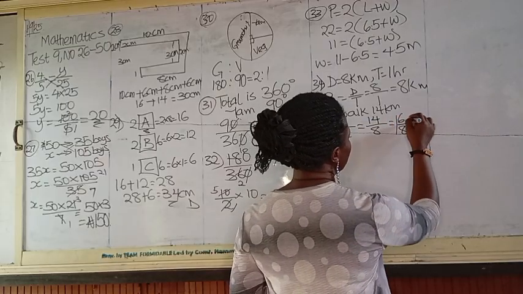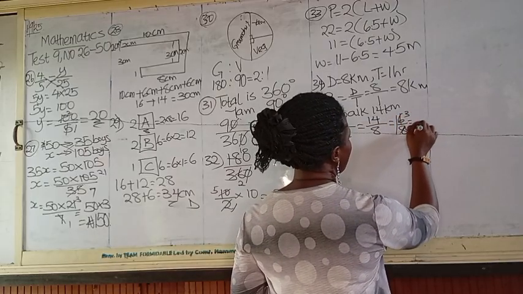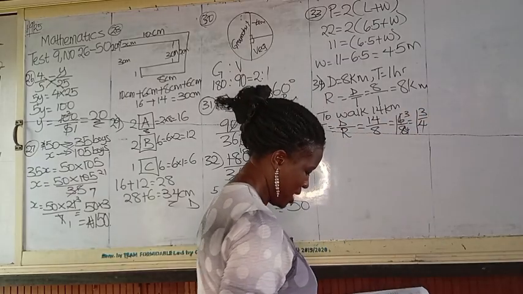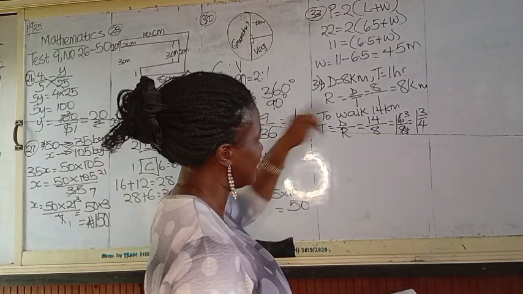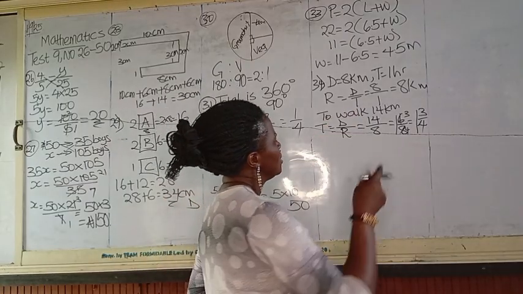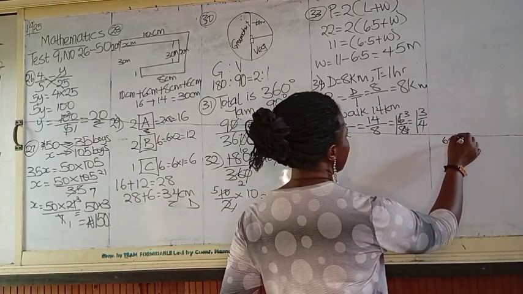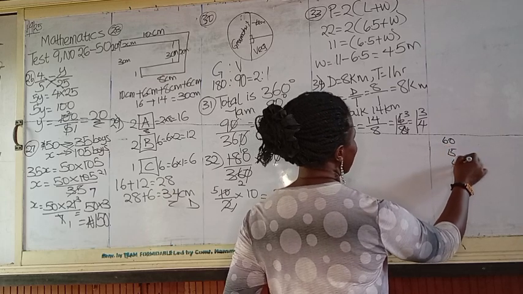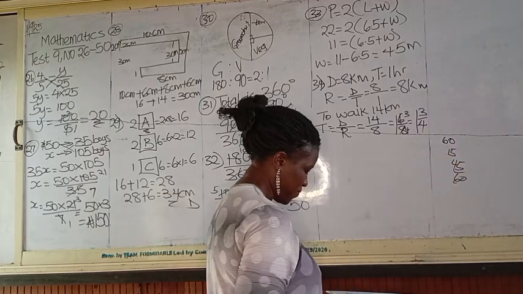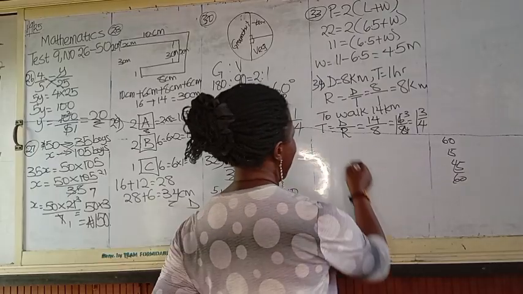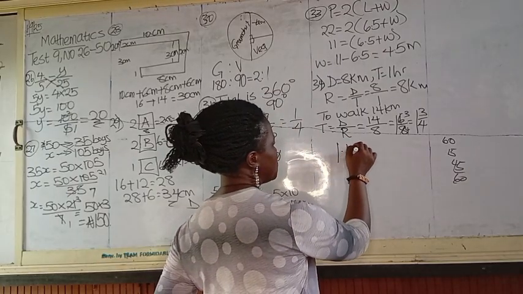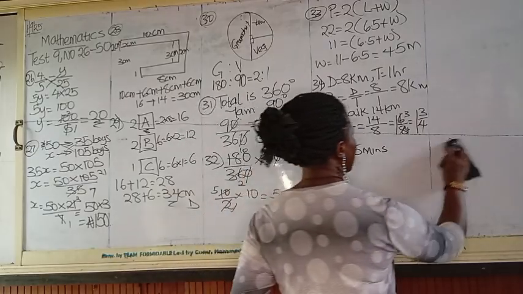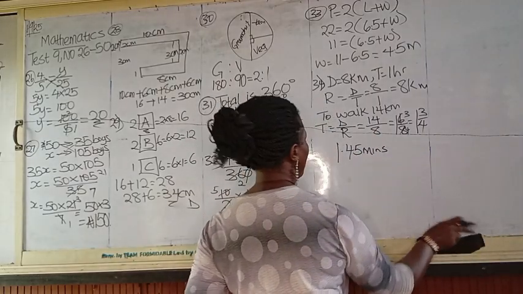Something can still go: 2 into 6 is 3, 2 into 8 is 4. So we are having one whole number, 3 over 4. Which we can still convert. 3/4 of 60 is 45, so 45 over 60. So we are having 1 hour 45 minutes. So that is for that. I hope you get what we have done there.